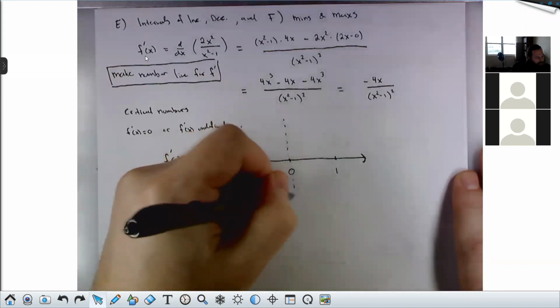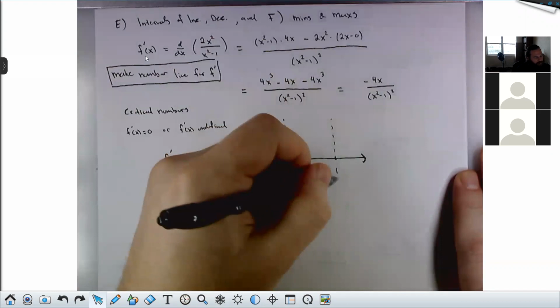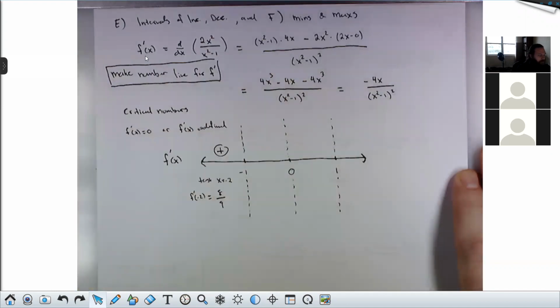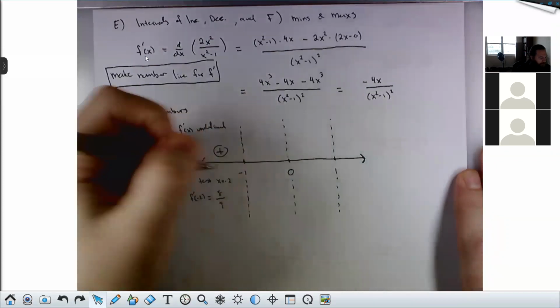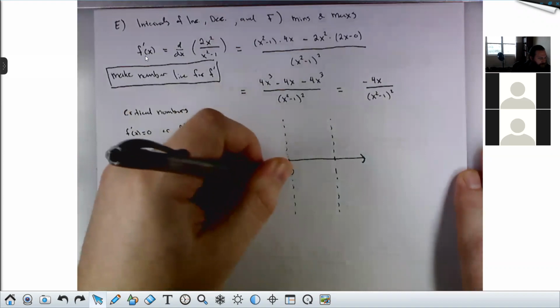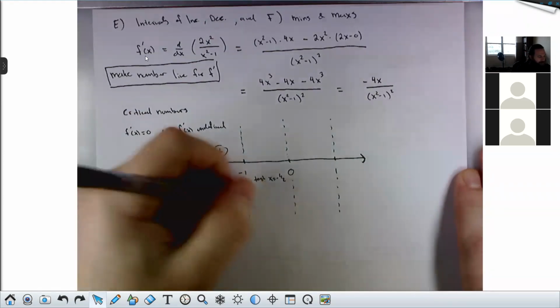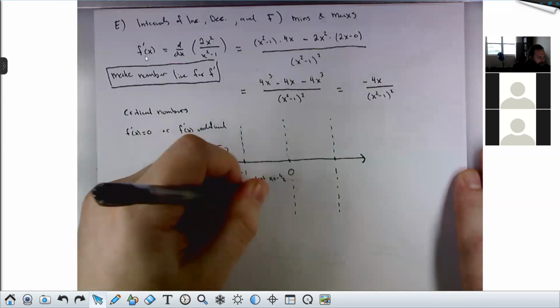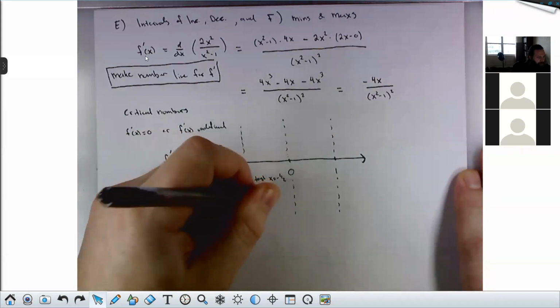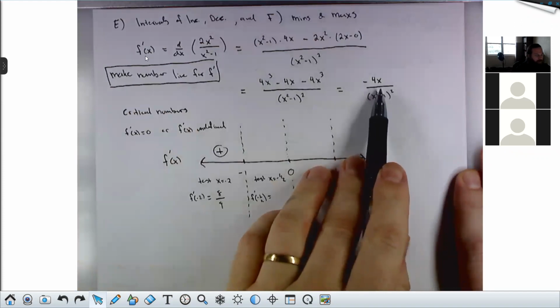Between -1 and 0, I can test something. Between 0 and 1, I can test something. And then to the right of 1, I can test something. But I'll also be able to exploit symmetry eventually here. I'll show you what I mean. So I can test x equals -1/2 here. If I plug in -1/2 to f prime, -4 times -1/2 is +2.